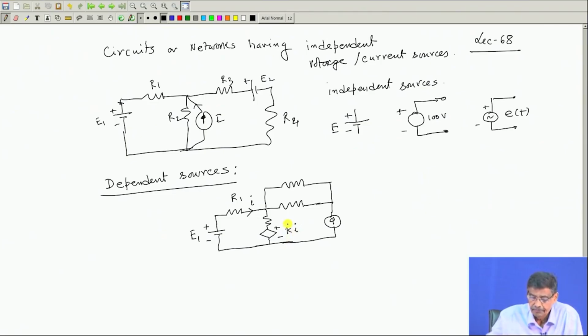Got the point? Therefore, this one is a dependent voltage source.